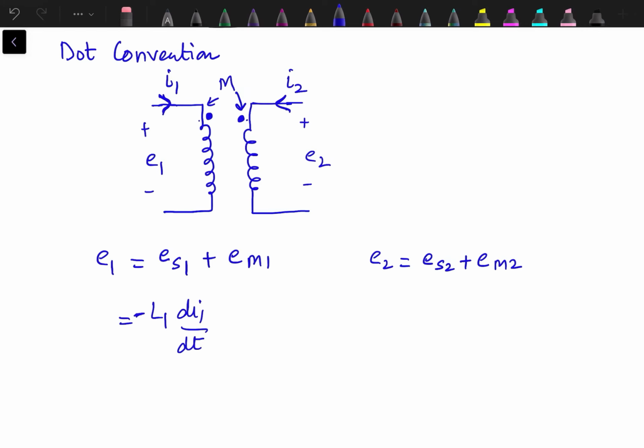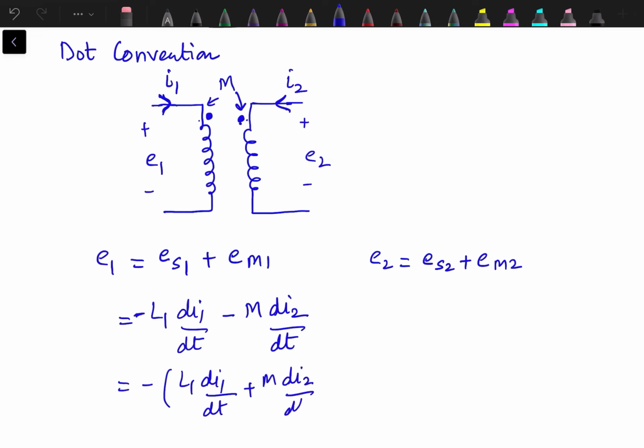Here I1 is entering the dotted terminal, and I2 is also entering the dotted terminal. So mutual inductance will have the same direction, so it will be equal to minus M di2 by dt. Or we can say E1 is L1 di1 by dt plus M di2 by dt, with the overall negative sign. This negative sign, over here as well as over here, is as per Lenz's law. Otherwise, the self-induced EMF and mutually induced EMF have the same direction.